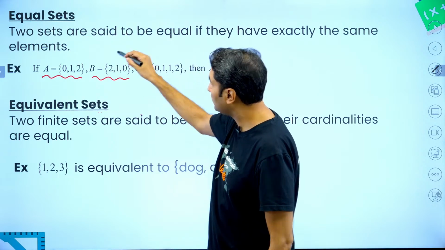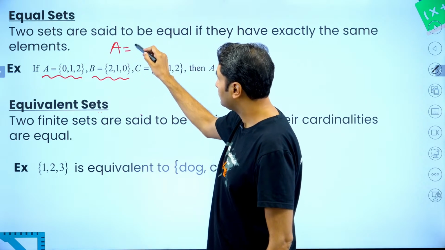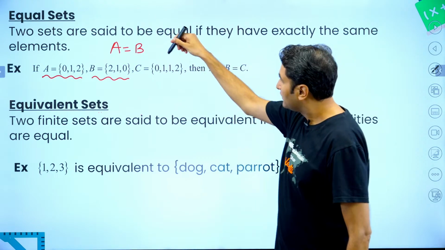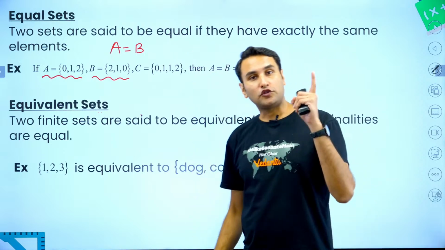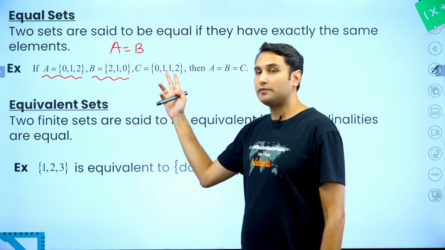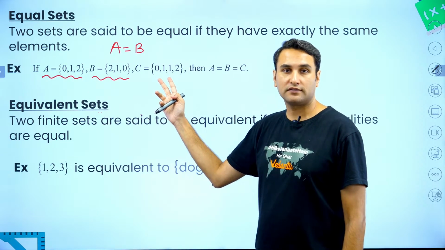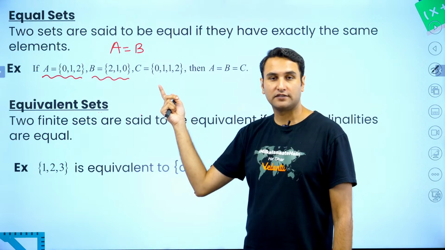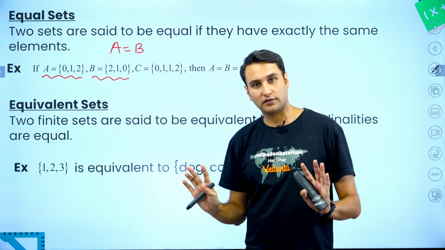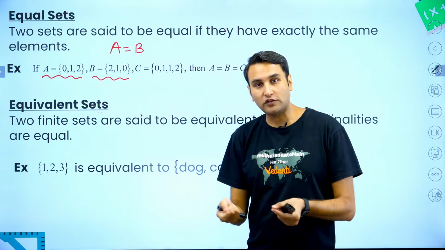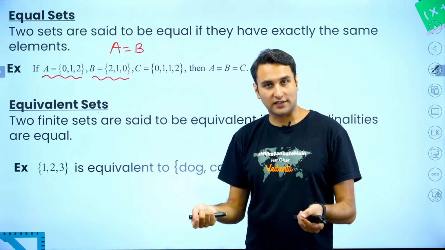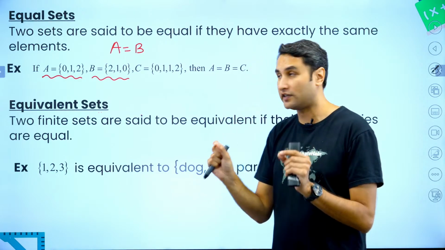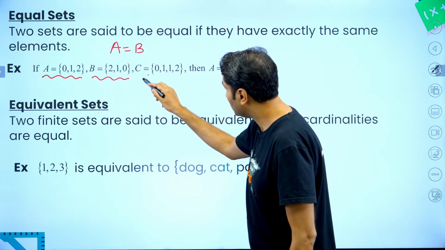A and B are equal. So we can say A is equal to B. A set is equal to B set. And C, 0, 1, 1, 2. I've told you, writing the same element twice doesn't make any sense. Which are the unique elements inside C? 0, 1 and 2 only. Seeing 1 two times doesn't make any sense. You are talking about the unique elements inside this particular set.